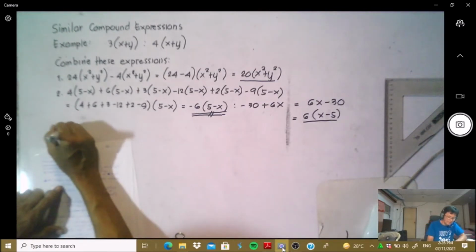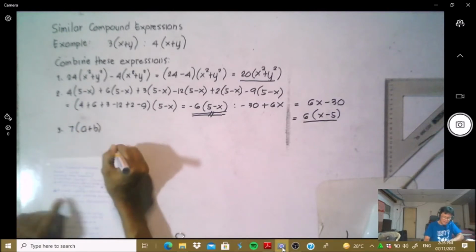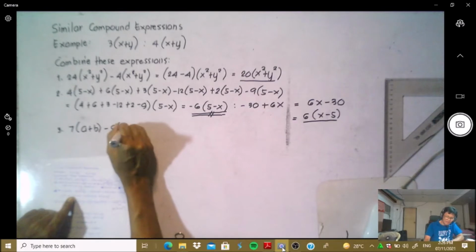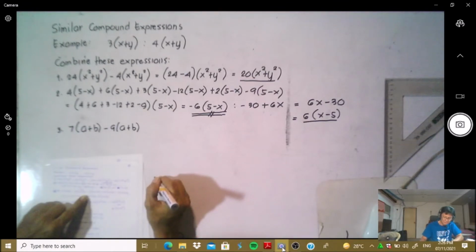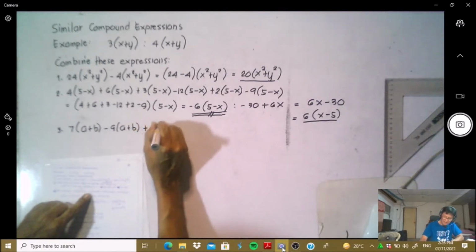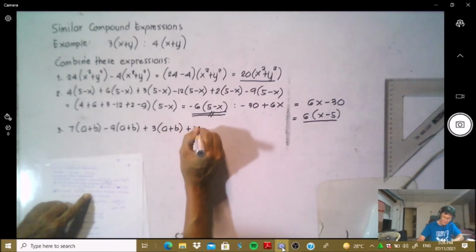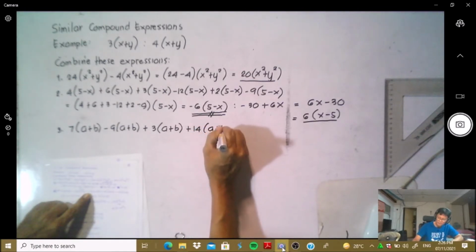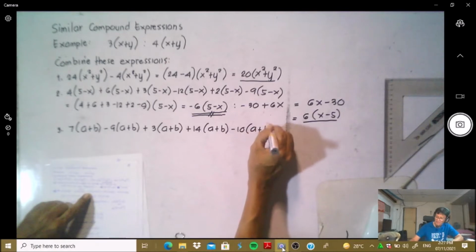Number 3, we have 7 multiplied by a plus b, then minus 9 times a plus b, plus 3 times a plus b, then plus 14 times a plus b, minus 10 multiplied by a plus b.